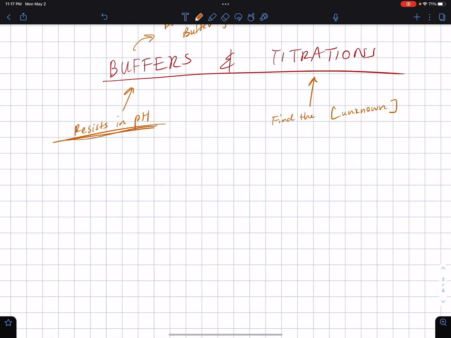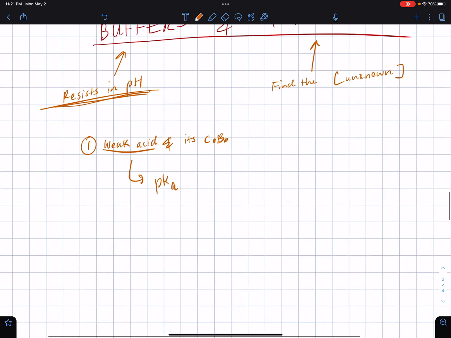A buffer, we know, resists changes in pH. But a buffer usually consists of a weak acid and its conjugate base. So how do we know which one to use? We know we have a weak acid, so we're working specifically with pKa. How do we know what pKa we want?